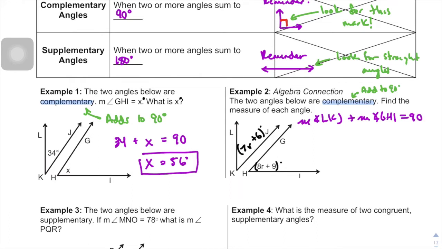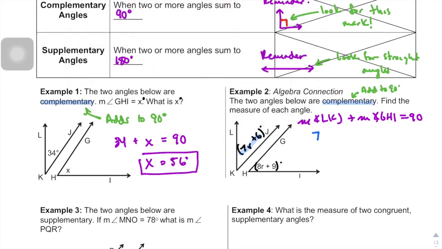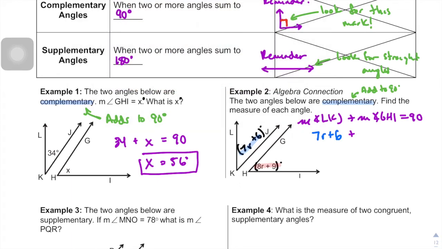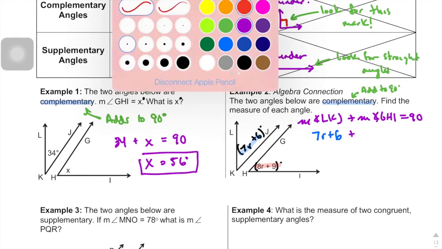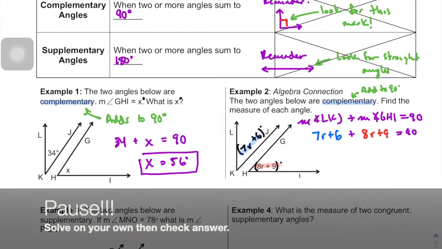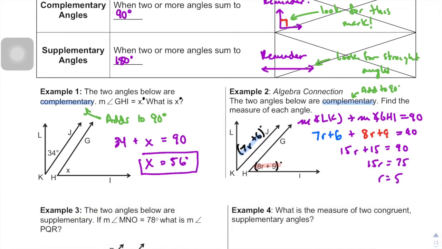Now that I've got that equation written out, I'm going to substitute what I know, right? So this angle is 7r plus 6. Angle GHI is 8r plus 9. Right? And we're going to solve for r here. So r turns out to be 5.